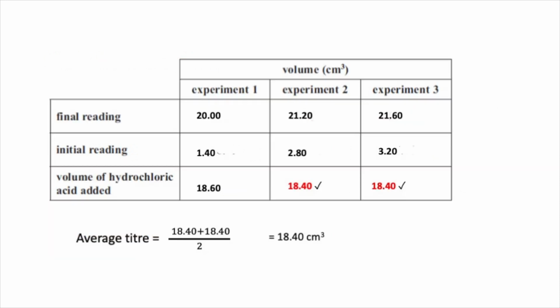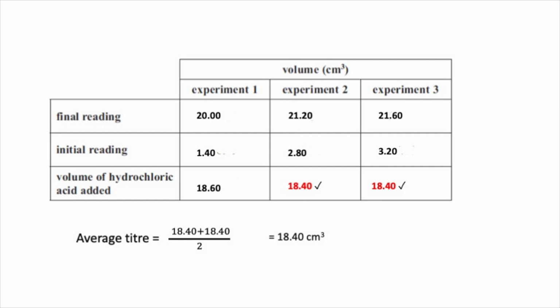Now when carrying out a titration, the first experiment is often considered a rough experiment, because in this experiment you have no idea how much acid or alkali is needed to reach the end point or neutralisation point. So this first experiment has given Mr. Firth a rough idea of the volume of acid that he needed to neutralise his 25 centimetres cubed of NaOH, sodium hydroxide.